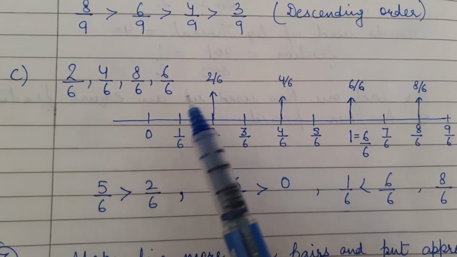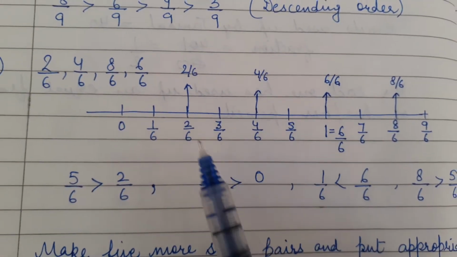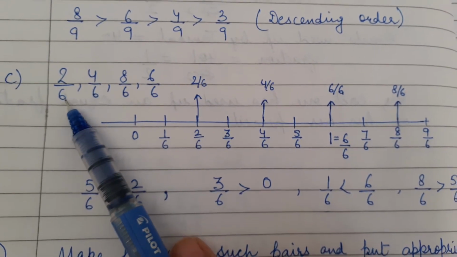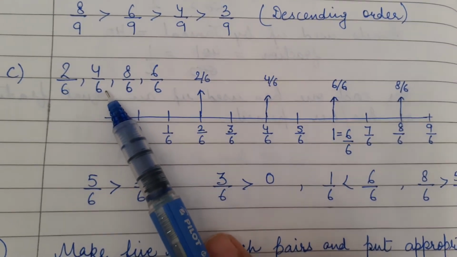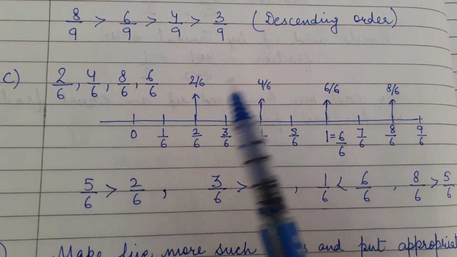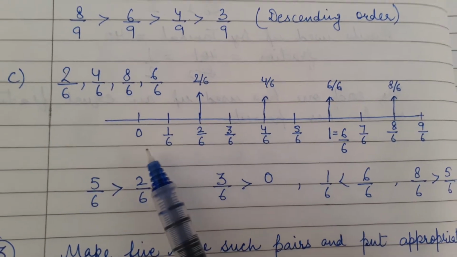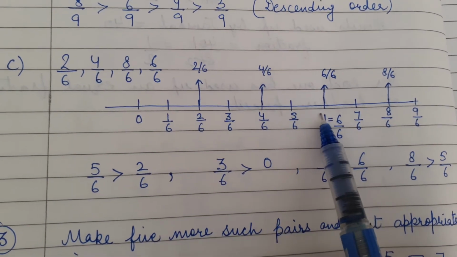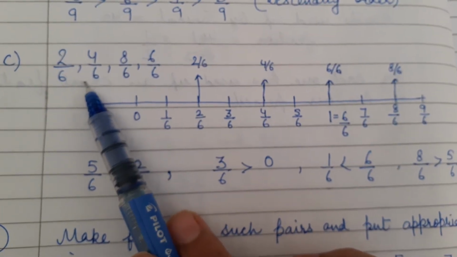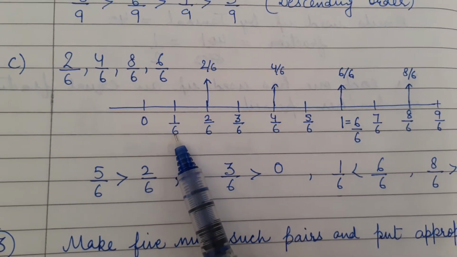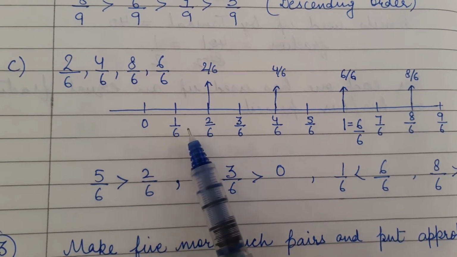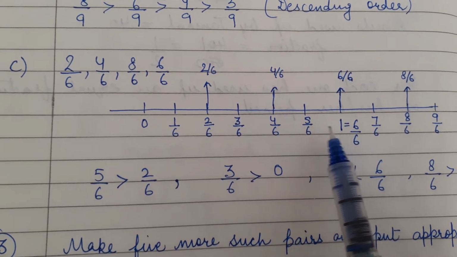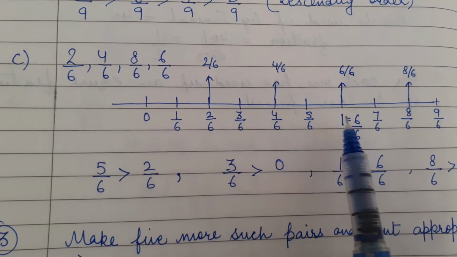That means these fractions are like fractions. And this is a proper fraction, this is a proper fraction. A proper fraction lies between 0 and 1. So we'll make 6 partitions between 0 and 1, as in the denominator we have 6, and start marking the fractions between 0 and 1.